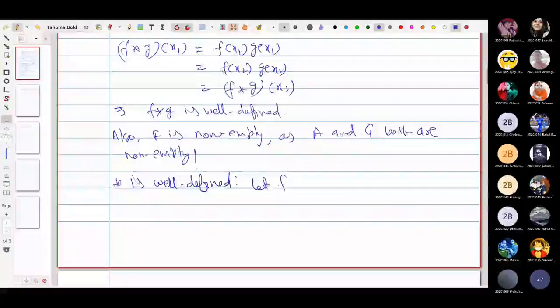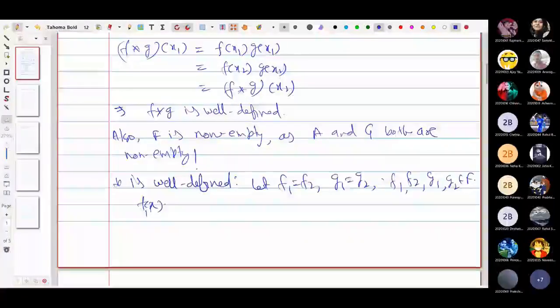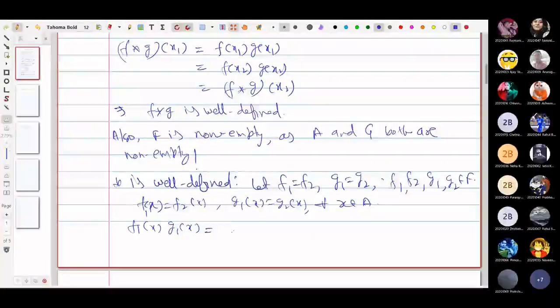So we can take f1 equals f2 and g1 equals g2, where f1, f2, g1 and g2 all belong to capital F. Because f1 equals f2, it means f1(x) equals f2(x), and g1(x) equals g2(x), and this is true for all x belonging to capital A. So we can multiply f1(x) and g1(x) side by side with f2(x) and g2(x).